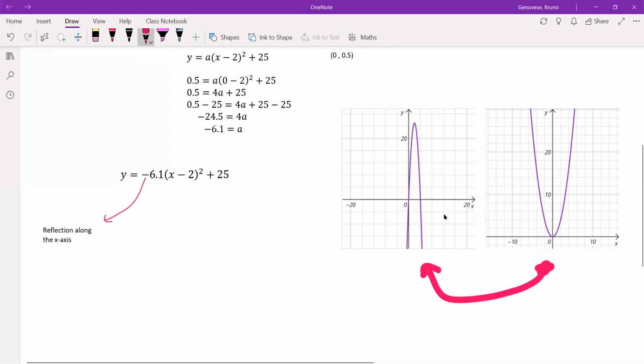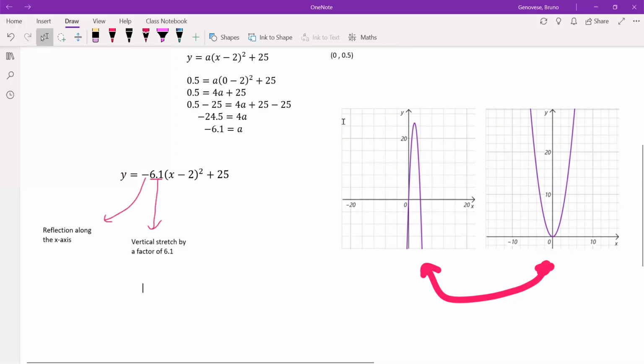Clearly the parabola is thinner than the original one, and that is a result of the a value not only being negative, but being equal to negative 6.1. So we have a vertical stretch by a factor of 6.1.